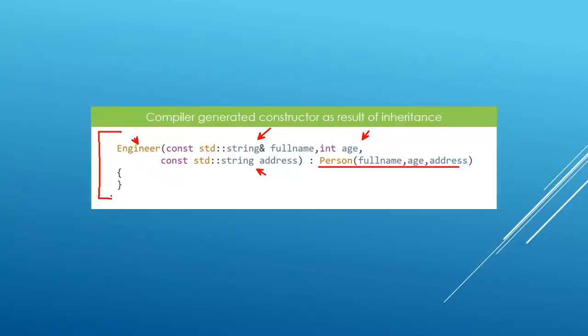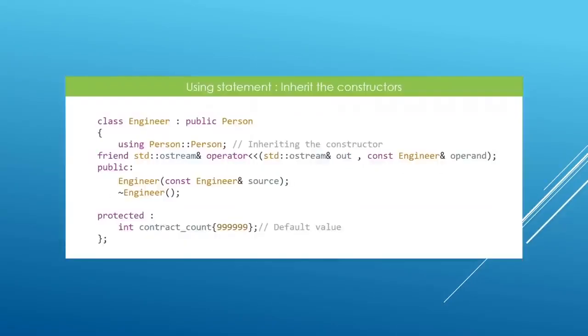This is really what I want you to see. Again, the syntax is what we see here. This is going to tell the compiler to generate a constructor that is only going to initialize the base member variables, but this constructor will be callable and usable from the engineer class. Okay, so this is really what we mean by inheriting constructors.